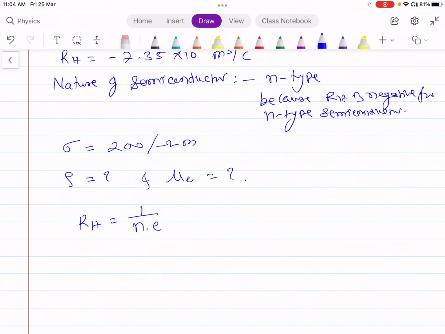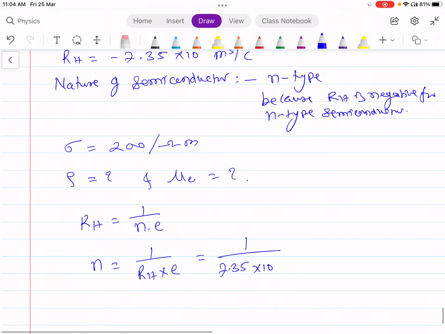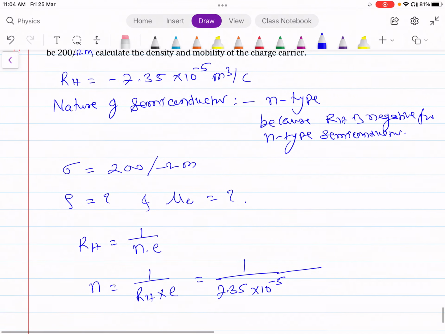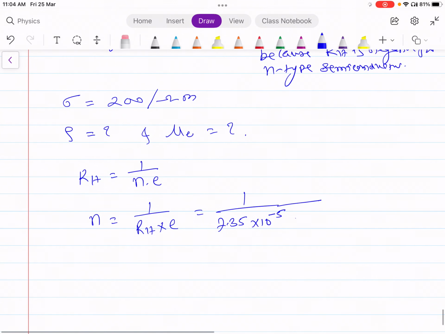And from this we can get n equal to 1 upon RH into e, where RH is 7.35 into 10 raised to minus 5, into charge is 1.6 into 10 raised to minus 19.